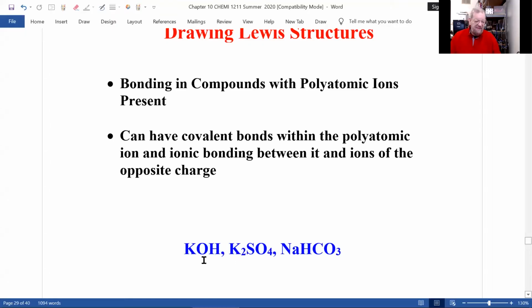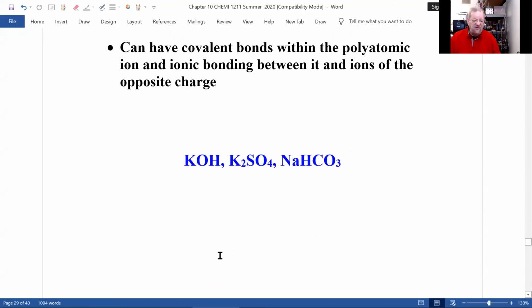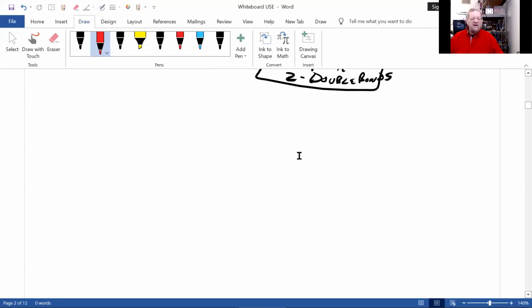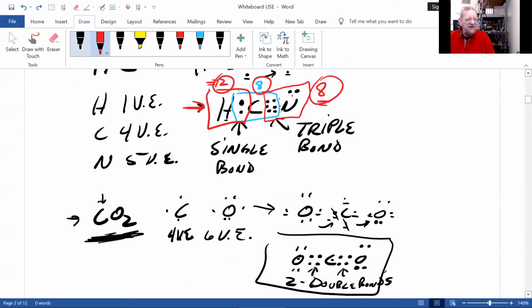If we look here, KOH, draw the Lewis structure for potassium hydroxide. Well, let's go to my whiteboard. I need to change the color of the ink I'm using, and let me first erase it.